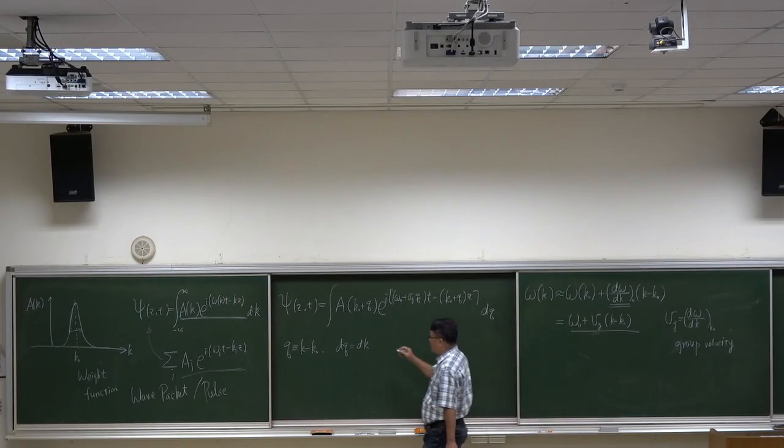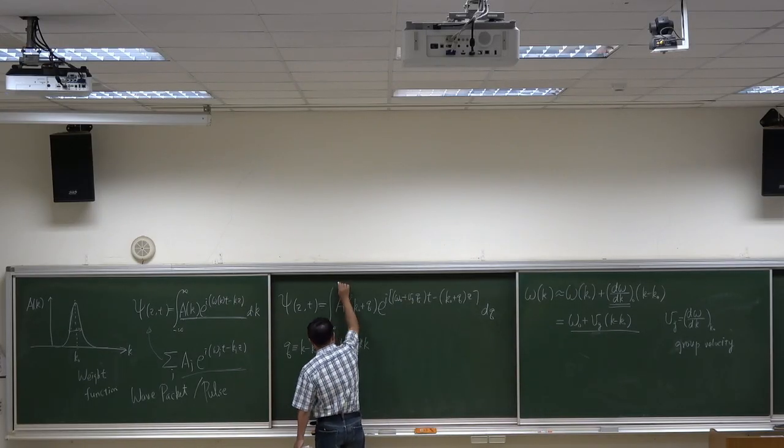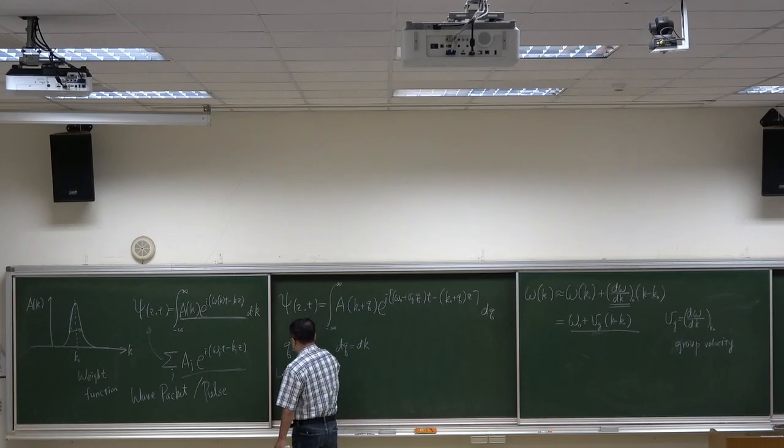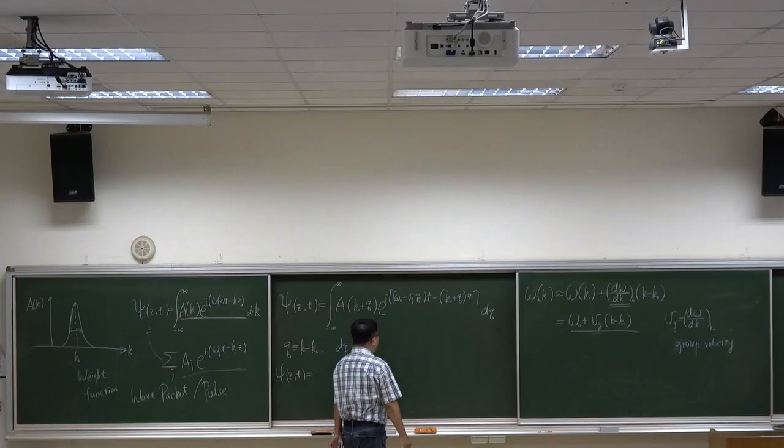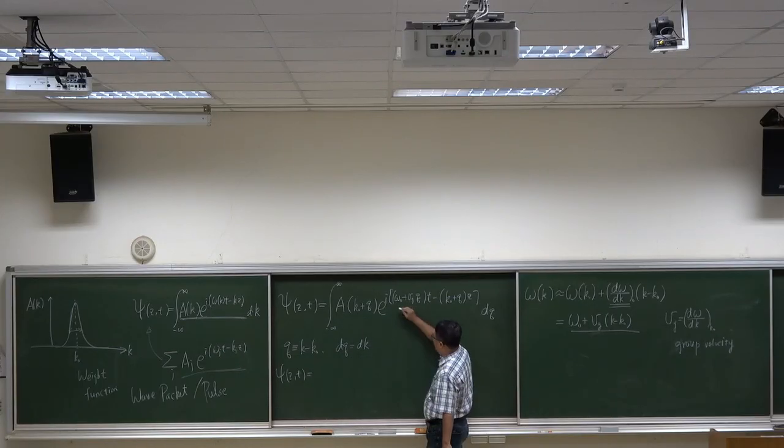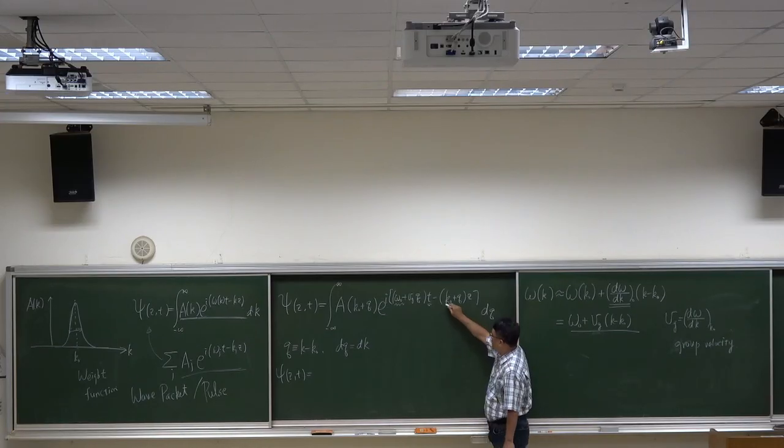Using this result, we can write psi(z,t) equal to: here we have omega naught times t minus k naught times z.